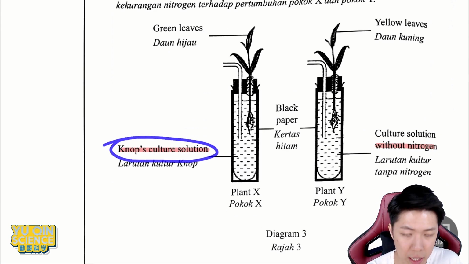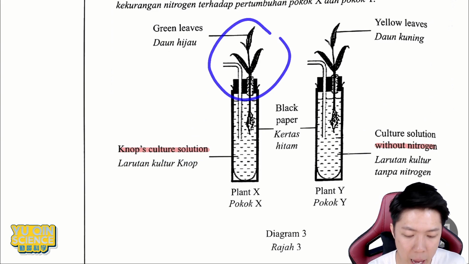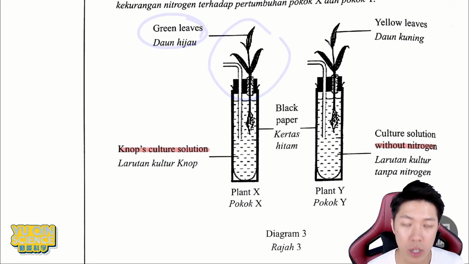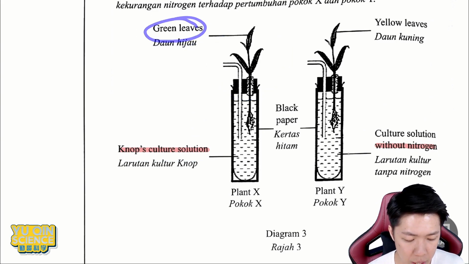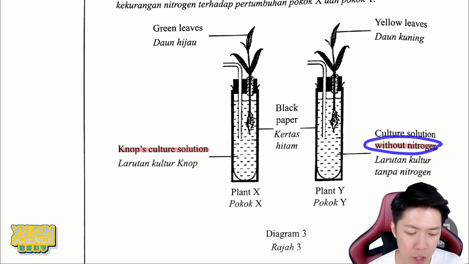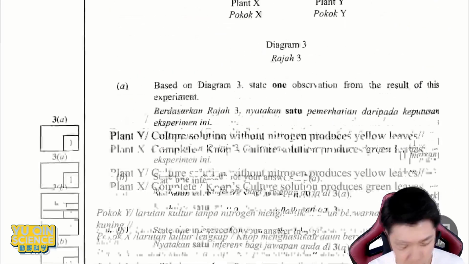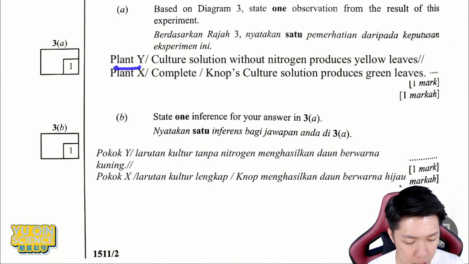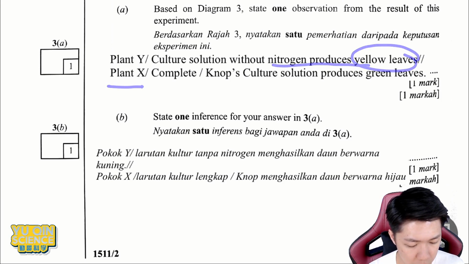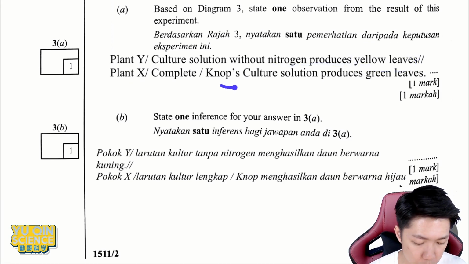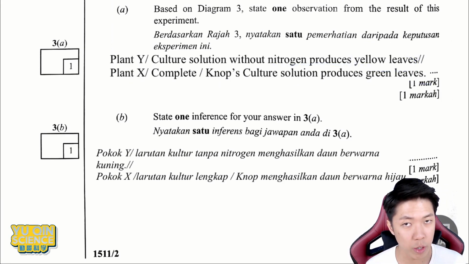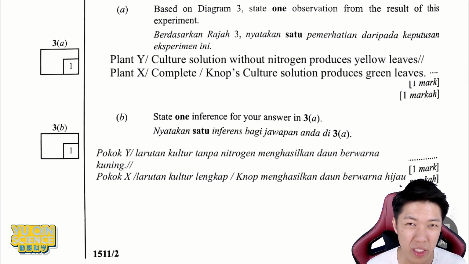Oh, the one that have everything will be very happy or will be green. Given answer also, green leaves. The one without nitrogen not happy, yellow. So plant Y without nitrogen produces yellowish leaf, while plant X with NPK solution will produce green leaf. So very straightforward. You say what you see.